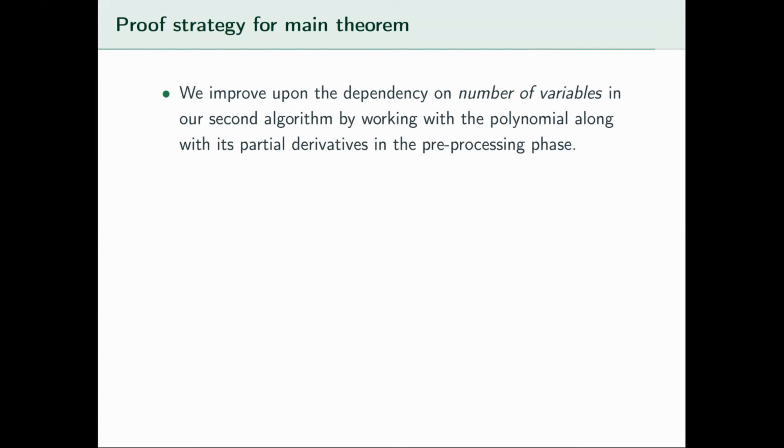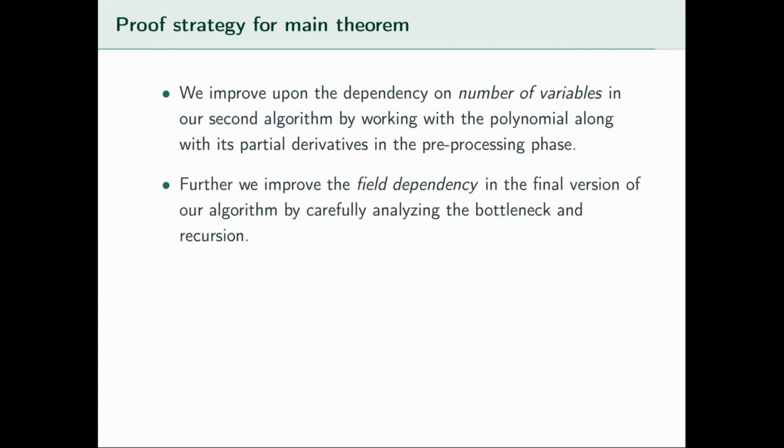In the pre-processing step of algorithm 1, we evaluate our polynomial on the subfield F_p^b. In algorithm 2, we evaluate not just the polynomial but also its partial derivatives on this subfield. We collect more information about this polynomial in the pre-processing step, and that helps us remove this variable constant. Roughly, that's the idea.